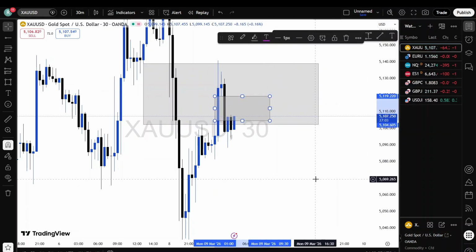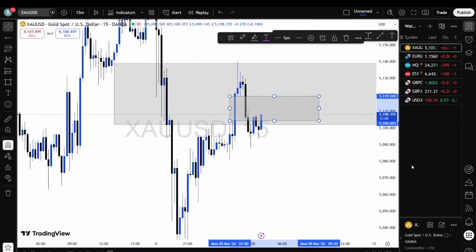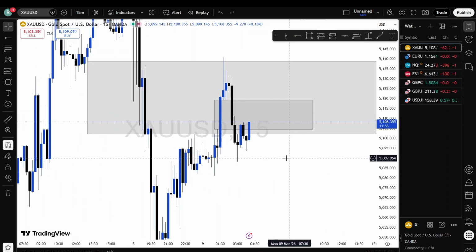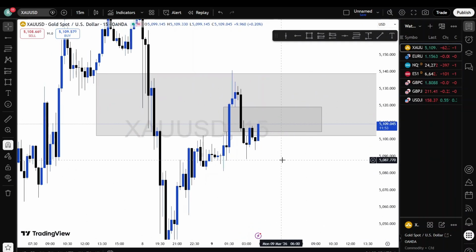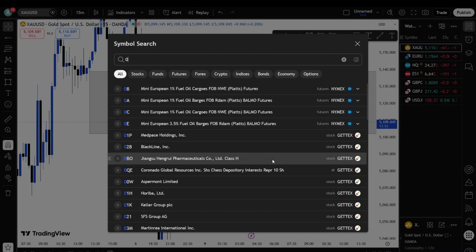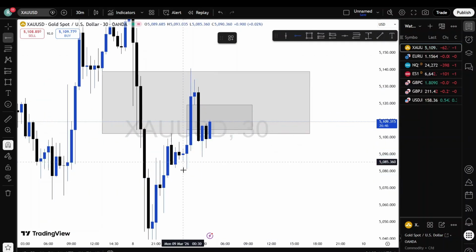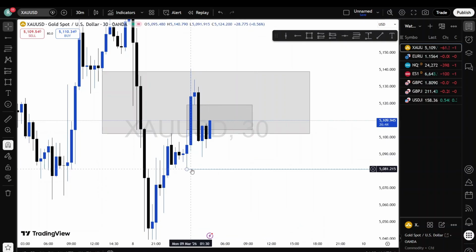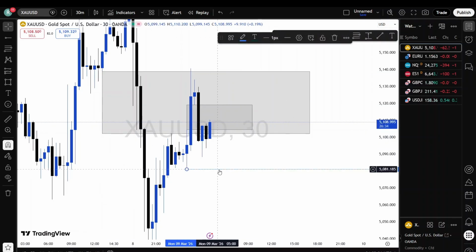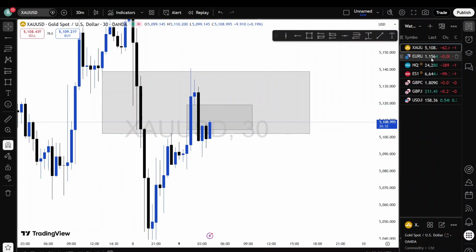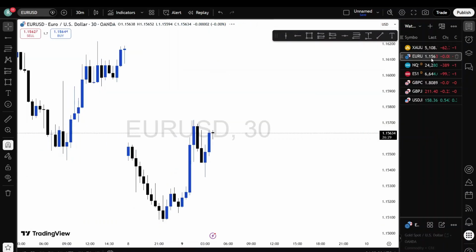But we don't have proper confirmation, because the structure was not shifted yet, right? If it had closed at least below this candle on the 30 minutes time frame, then we could say that 30 minutes is bearish. Now we can plan that. So 1 hour is aligned with the 4 hour, but 30 minutes or lower time frames need to align with the 1 hour, so then we can trade a selling trade.